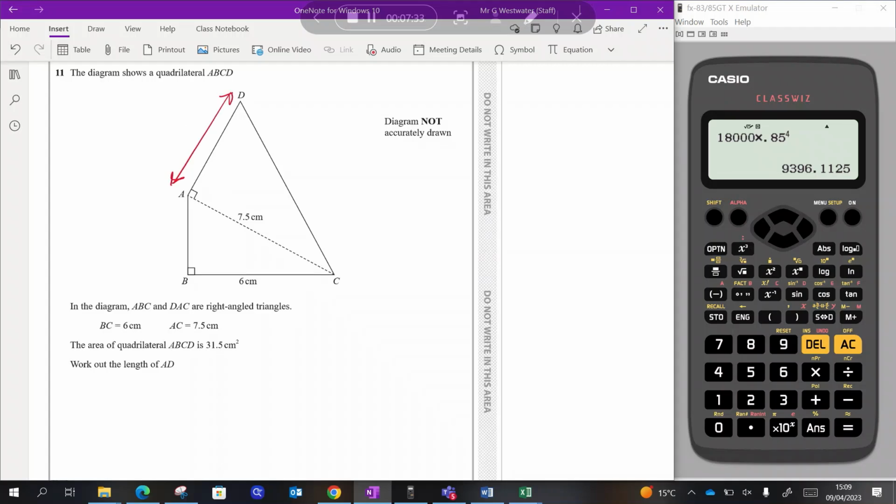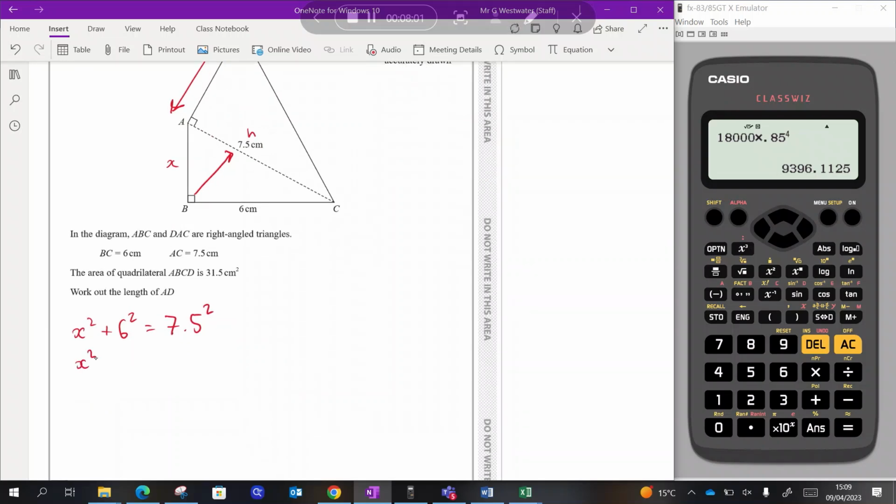So I guess the first thing I'm going to do is work out the area of this triangle ABC. I've got the base. Now I need to work out what the height is, and to do that I can use Pythagoras' theorem. So here is my hypotenuse. 7.5 is going to be my hypotenuse for this. So to work out AB, let's call it x. x squared plus 6 squared must equal 7.5 squared.